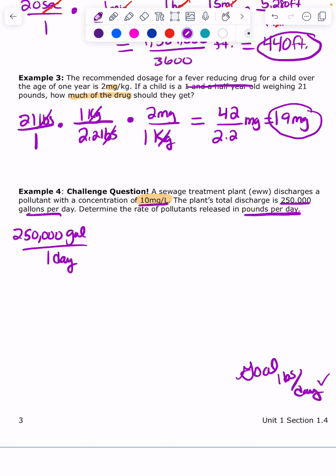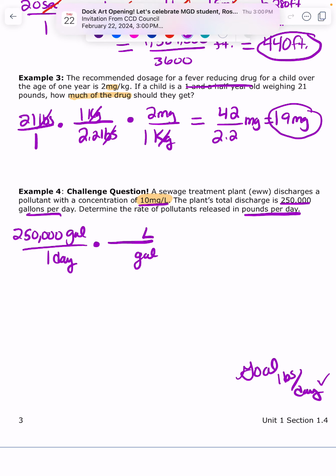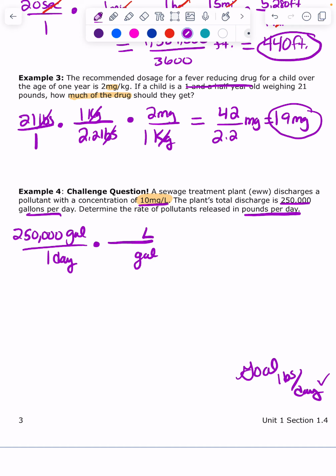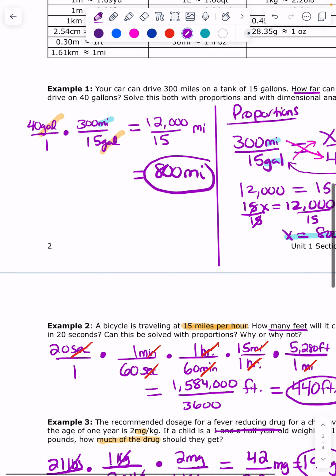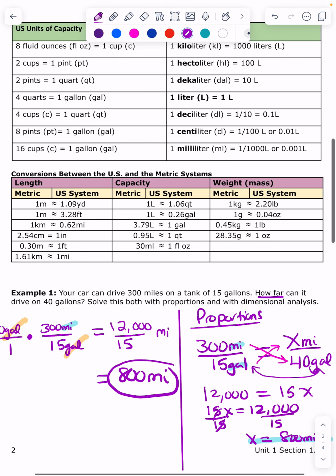All right, so it probably would be helpful if I converted gallons to liters, and we do have such a conversion in our conversion tables. If you go back up, it is going between the metric and the US, but the conversion is right here.